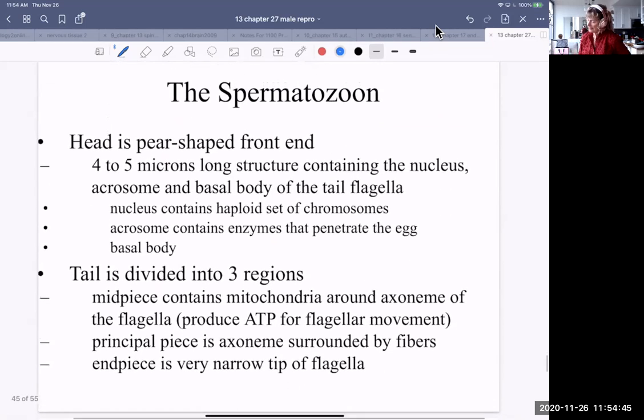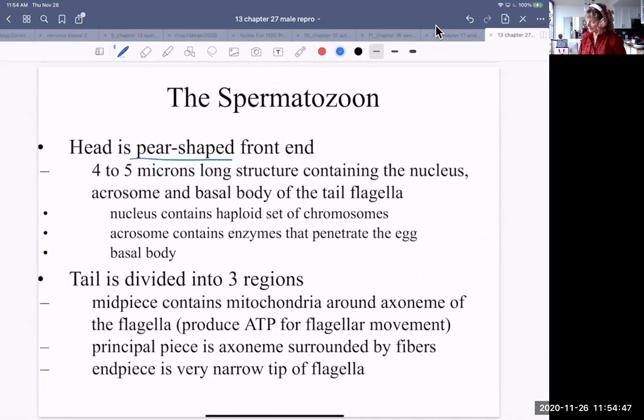So the spermatozoa is a little pear-shaped at the front end, about 4 to 5 microns long, very, very small, about 500 would fit onto the head of a pin. Contains the nucleus, an acrosome, and the basal body of the tail of the flagellum. And the nucleus contains a haploid set of chromosomes, of course. The acrosome contains enzymes.